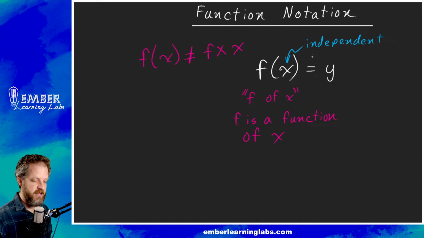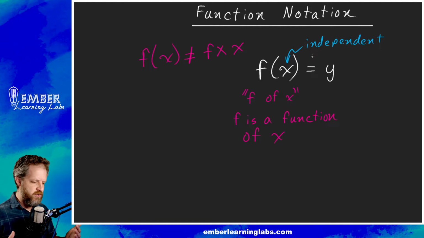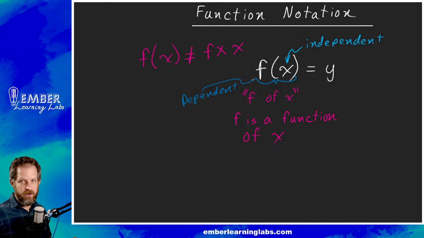And we're going to learn a way to use this for substitution in a minute. So it tells us that's the independent variable, and it tells us that all of this together is the dependent variable, or you could call it the name of the function itself. Okay, so that's what this is telling us.